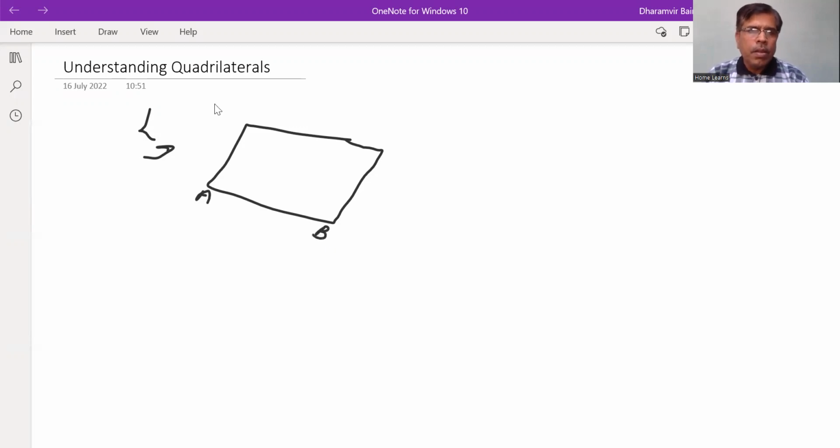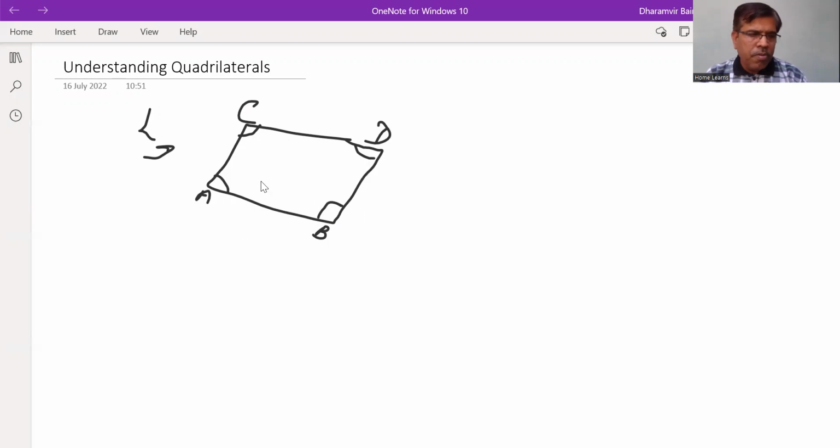A, B, C, and D. These 4 are the vertices A, B, C, D. These 4 are the angles. A, B, C, D: 4 vertices, 4 angles, and 4 sides also.